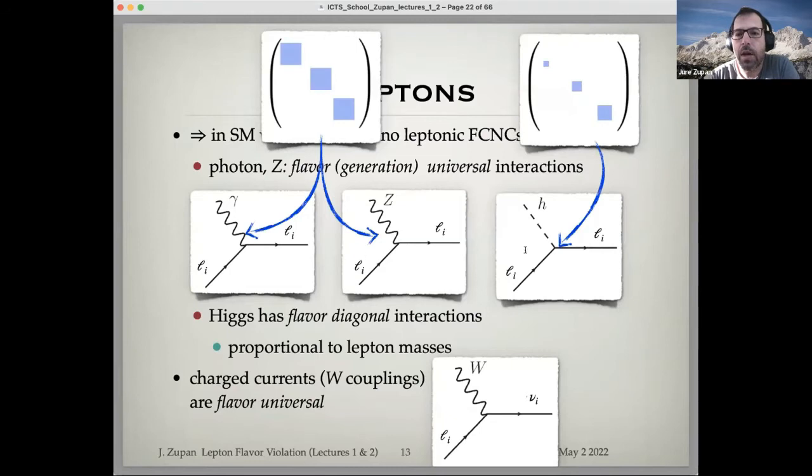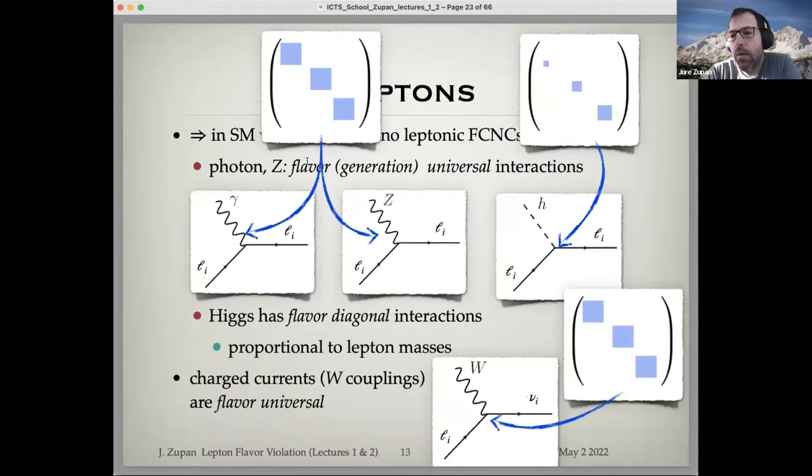So these three are flavor diagonal. While the charged currents, unlike in the quark sector, are also now flavor universal. Right? So that's the big change: there's no flavor changing currents in the leptonic sector unless we keep track of the neutrino masses.